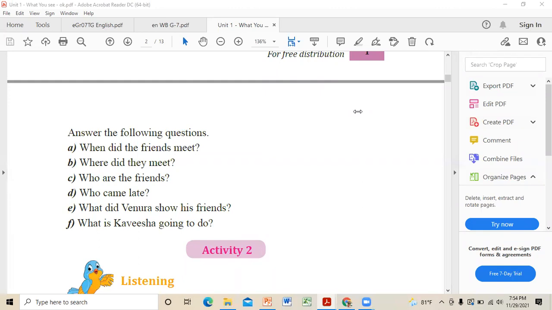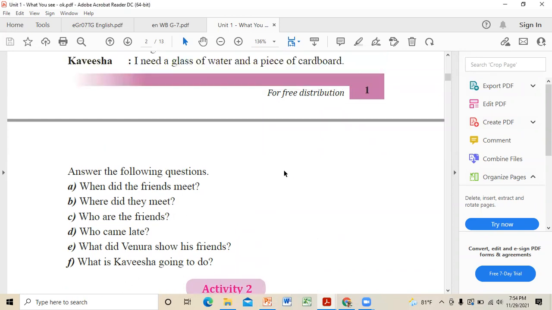In the garden. Sorry, Kalani, I didn't hear you. Teacher, in the garden. In the garden, right? Yes, teacher. Yes, right. Okay, good.